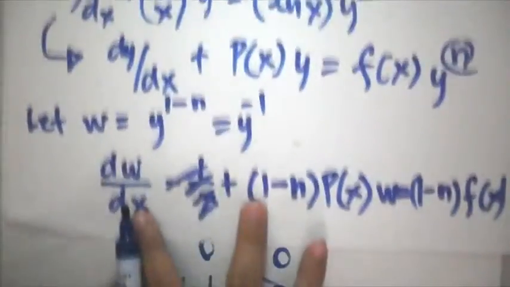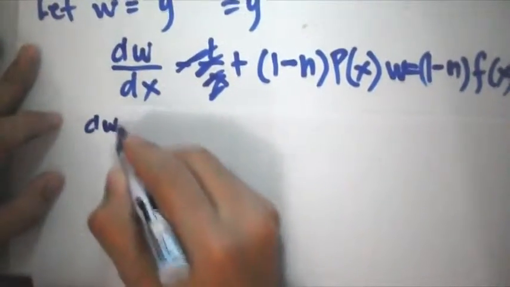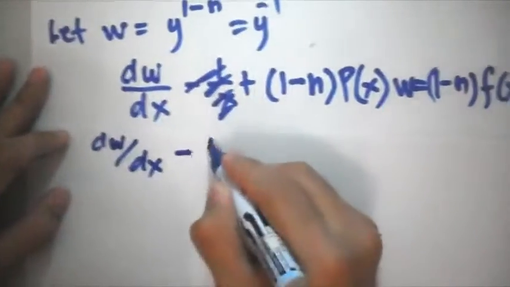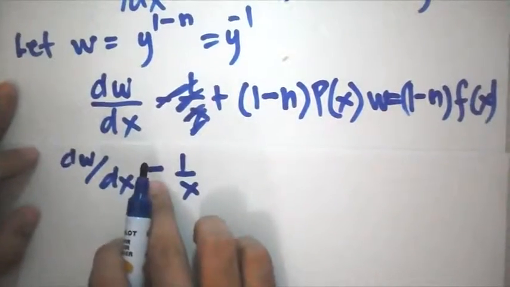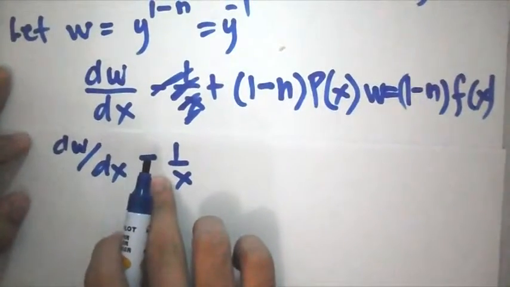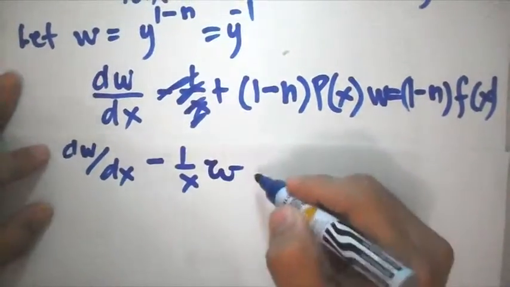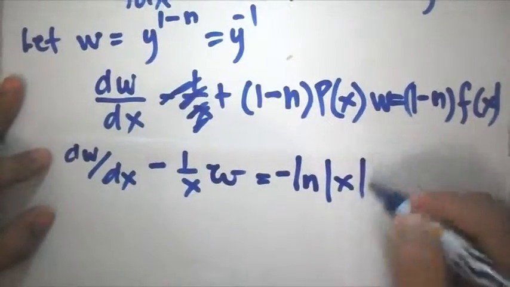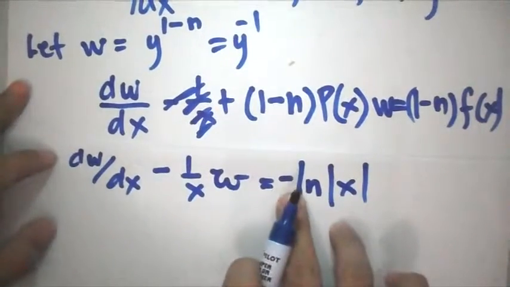So now solving this one, we continue, so it becomes dw/dx minus 1 over x, which is our p(x), negative because 1 minus n is negative 1, w is equal to negative ln x, which is our f(x), negative because 1 minus 2 is negative 1.